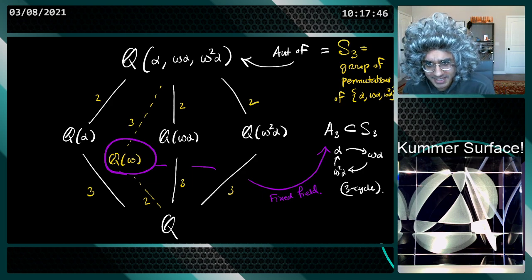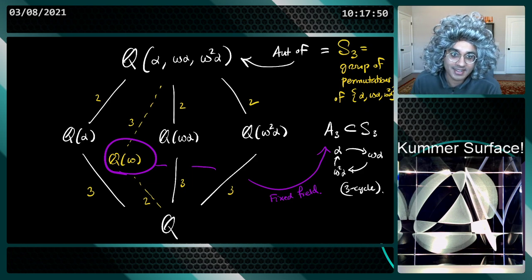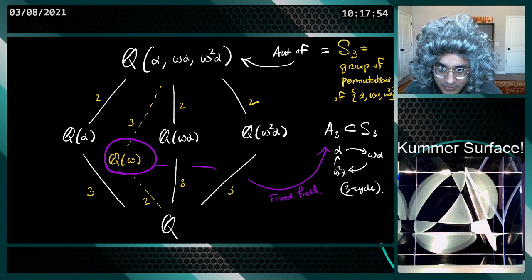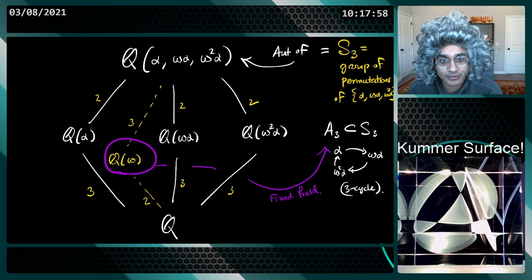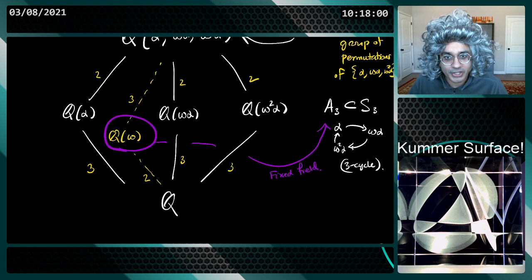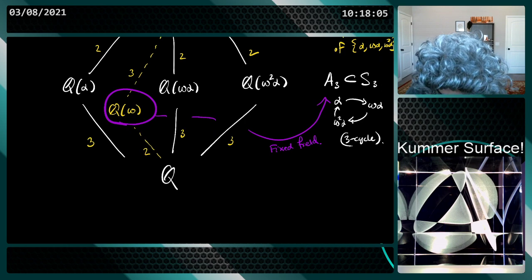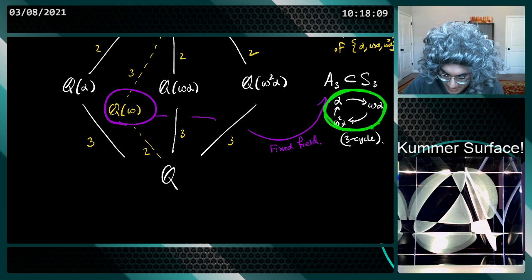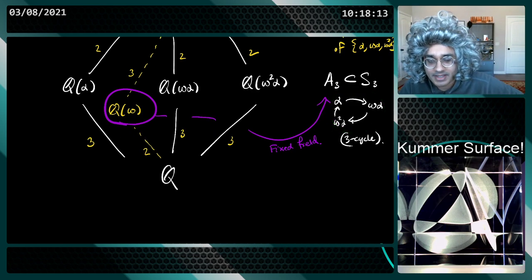Okay? So you can just identify what it has to be, and indeed, automorphisms like this have to fix omega. No, you don't believe me? Check this out. You're looking at this element, its square, and the identity.